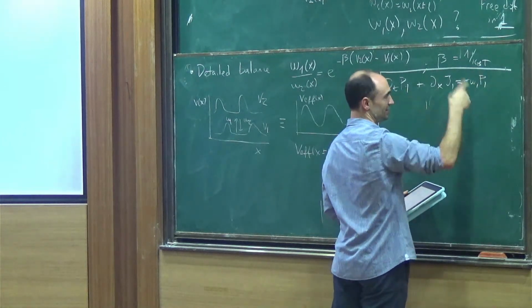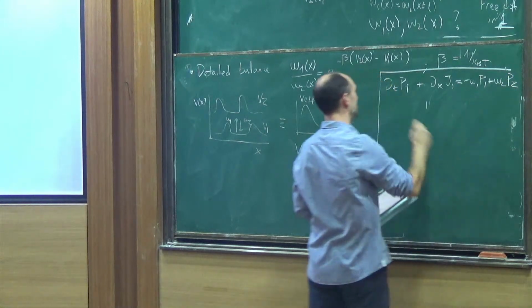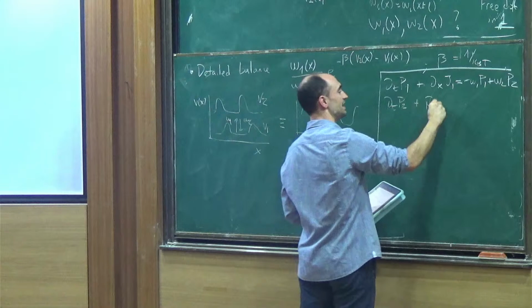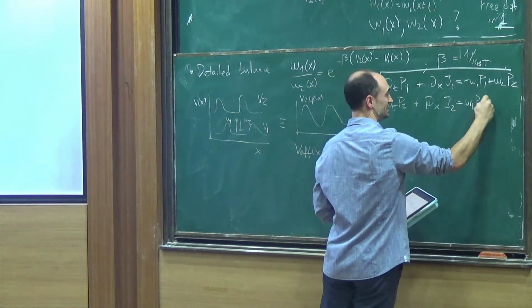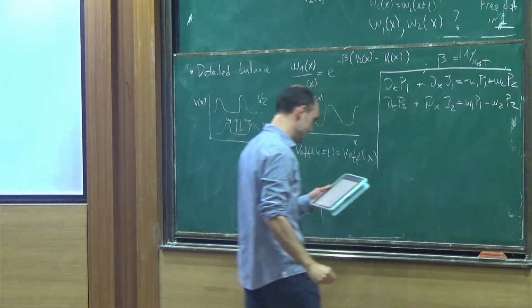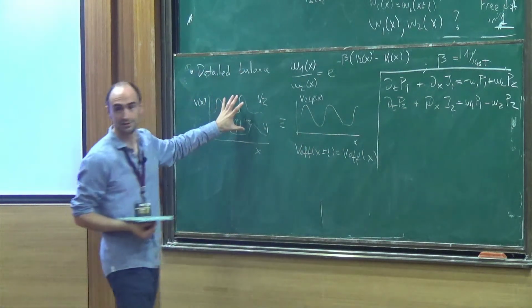I am forgetting about the x, but this is notation. Plus omega 2 P2. And the same for P2, with partial x of J2, and omega 1 P1. Now the signs have changed. And this is the Fokker-Planck equation for this model.